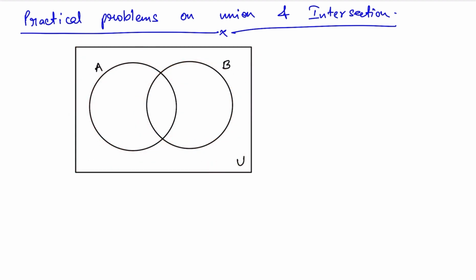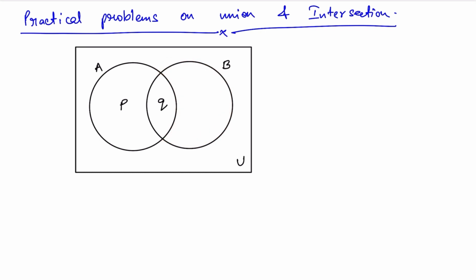Let's say there are p number of elements in this region, and let's say there are q number of elements in this intersection region, and there are r number of elements in this region.